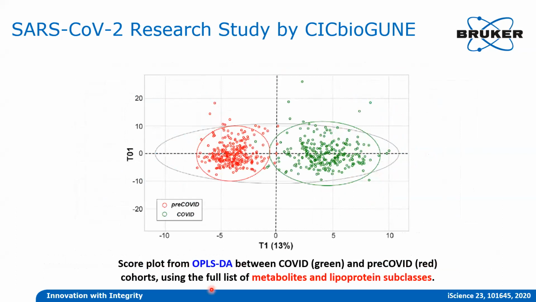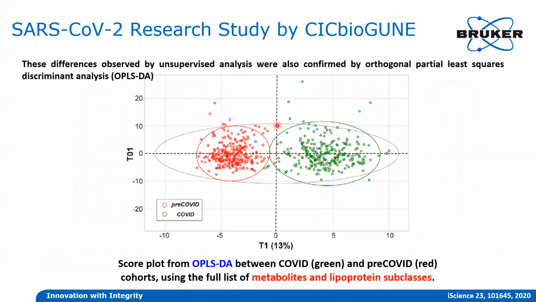And in the OPLS-DA, you can also see very clear groups between the healthy, or what we call pre-COVID, and the COVID patients. So these differences observed by the unsupervised analysis, such as the PCA that I mentioned previously, were confirmed by the OPLS-DA model here. And actually, in this result, it showed a very reasonable degree of clustering.